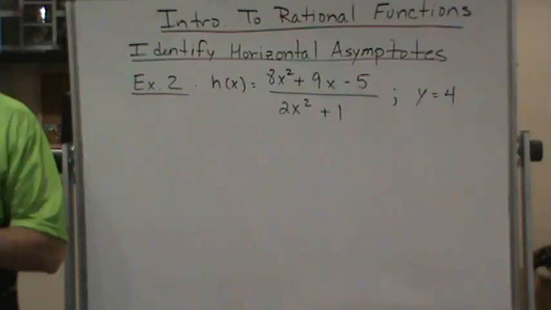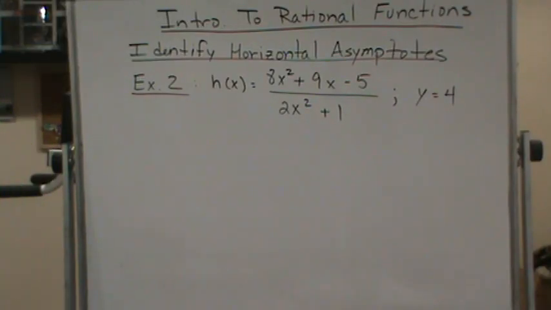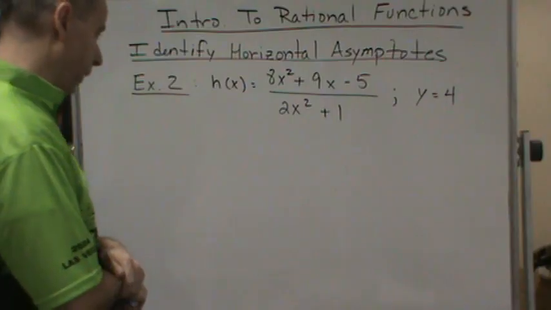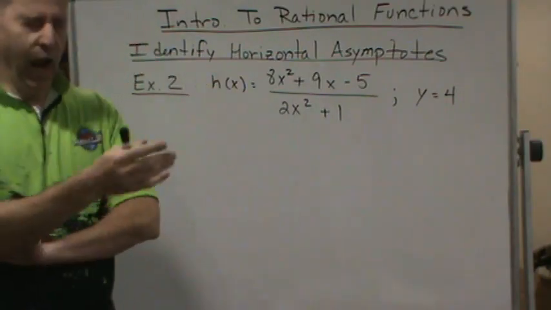And so now what we want to do is say, well, where does the graph of this function cross the horizontal asymptote, y equals 4?